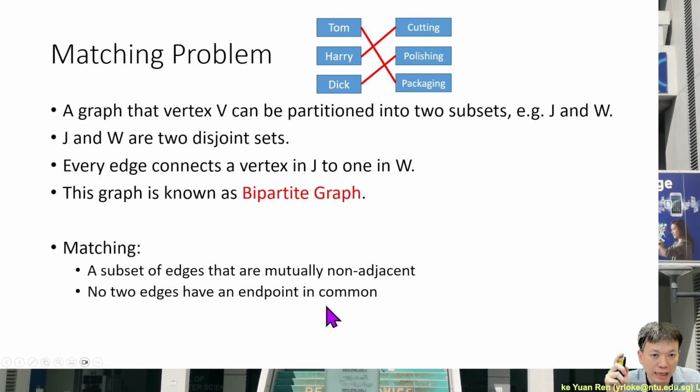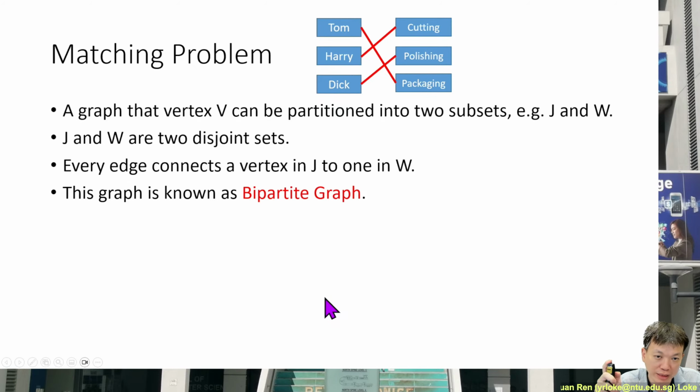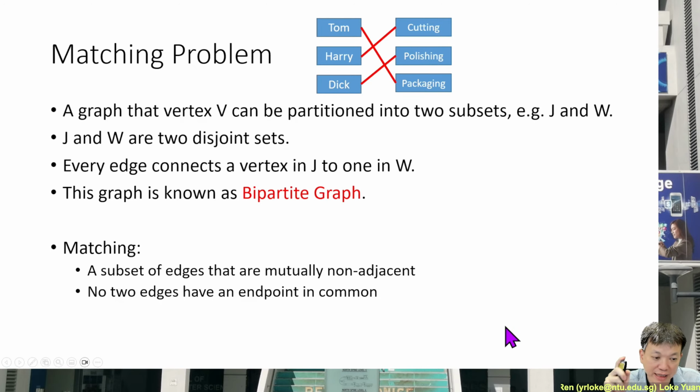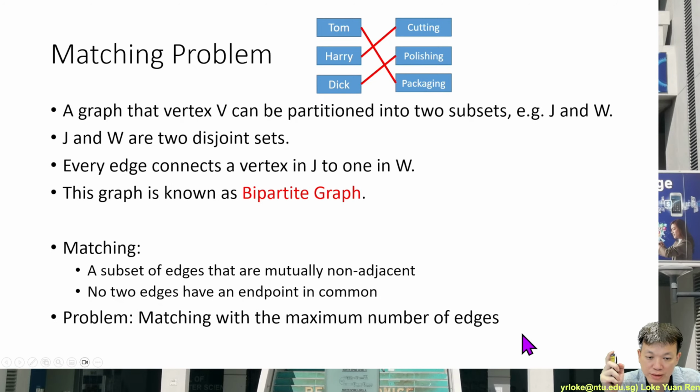So how do we go from this to this? How do we find this matching? So there is a matching. The problem is trying to find the matching solution with the maximum number of edges. We wish to assign as many as possible, but sometimes in the end a certain job is not assigned to anyone because no one selected it, or a certain person can't get a job assignment.